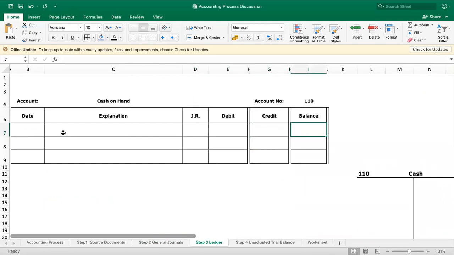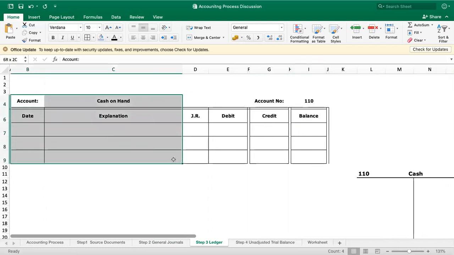Then we can compute the balance immediately. Take note that the normal balance of cash on hand is debit because it's an asset account. Therefore, every time we debit the cash on hand account, it will increase the balance. But if we credit the cash on hand account, it will decrease the balance. So this is your general ledger.